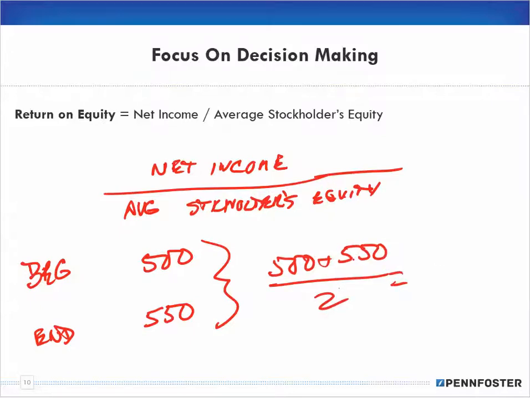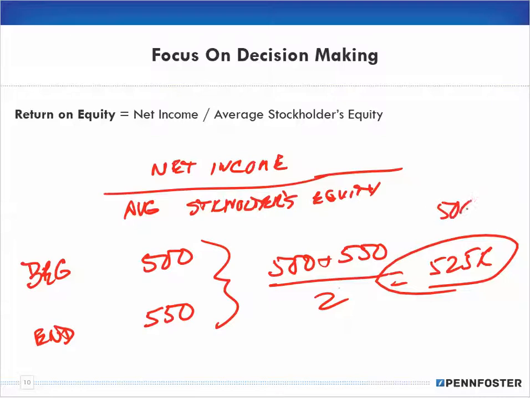So that's 1,050,000 divided by 2, or 525,000, which would be your average stockholders' equity, right? And you would divide that into your net income. Well, from this quick example, our net income was 50,000.